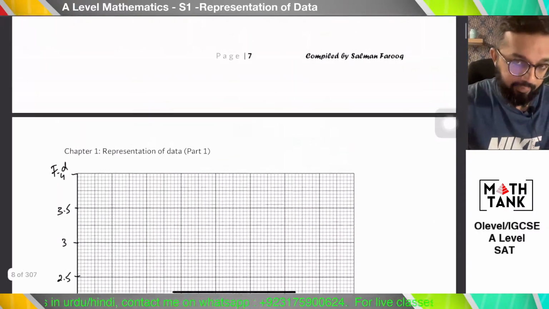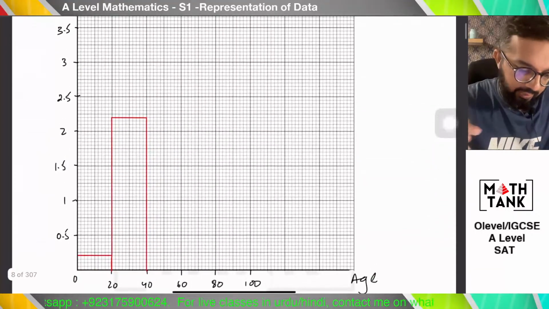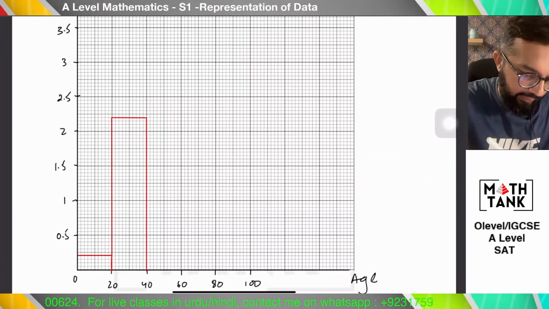Then 40 to 50 is 3.6. Now remember that this bar is narrower, so make sure that you draw it with its correct width, 40 to 50.